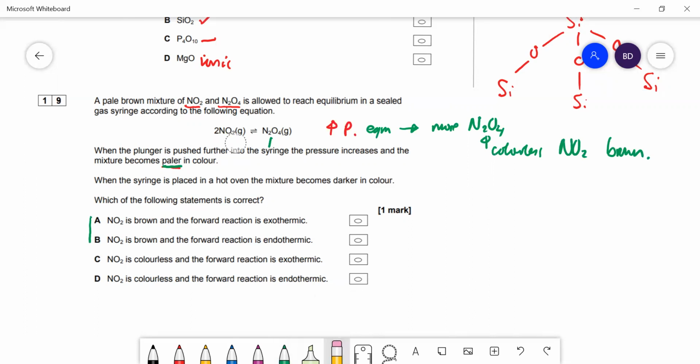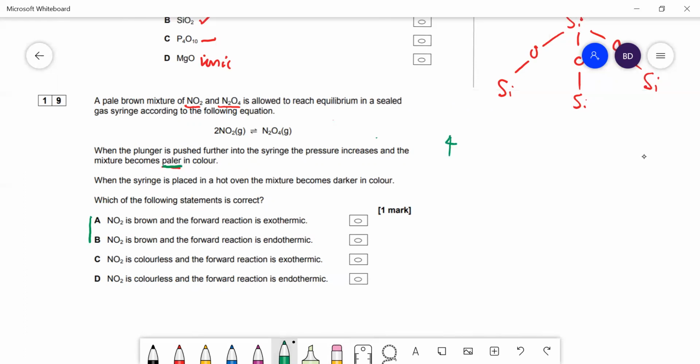And now it says about endothermic, exothermic. When the syringe is placed in a hot oven, so if we increase the temperature, the mixture becomes darker in color, becomes browner. Now we said the brown color is the NO2, so we've got more NO2.